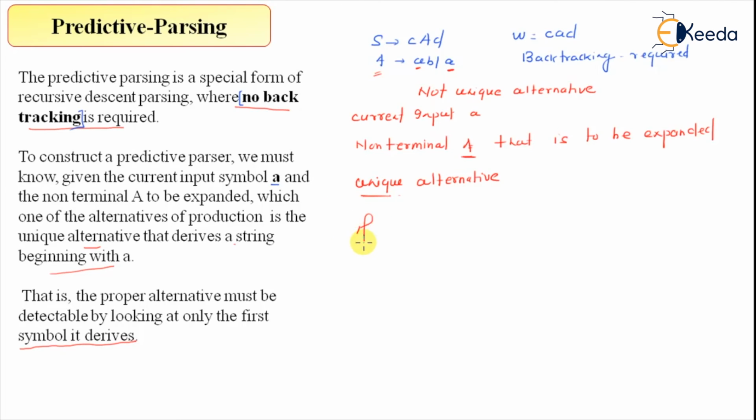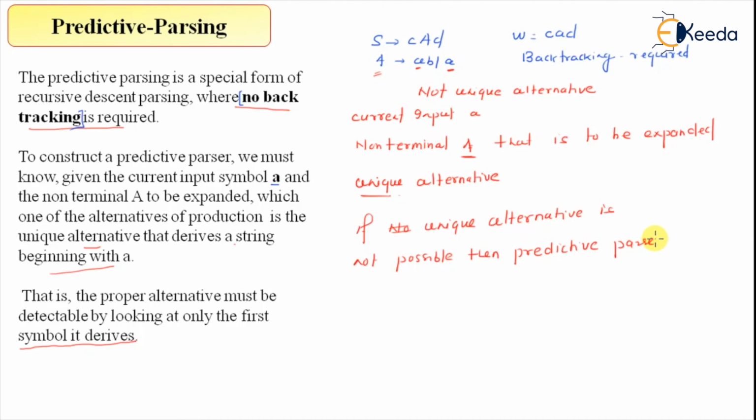And if a unique alternative is not possible, then the predictive parser cannot parse it.